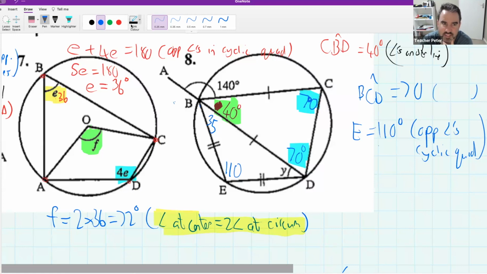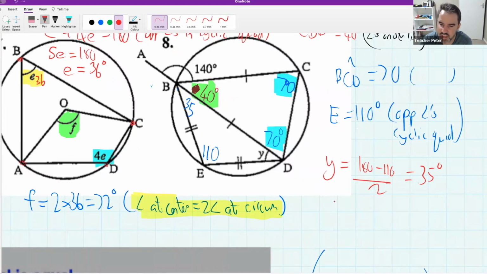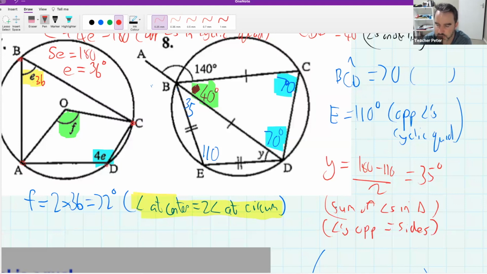And then we can say that angle Y is equal to 180 minus 110 divided by 2, which is 35. And the reasons you're using there are sum of angles in a triangle, so that's for the 180, and then angles opposite equal sides.